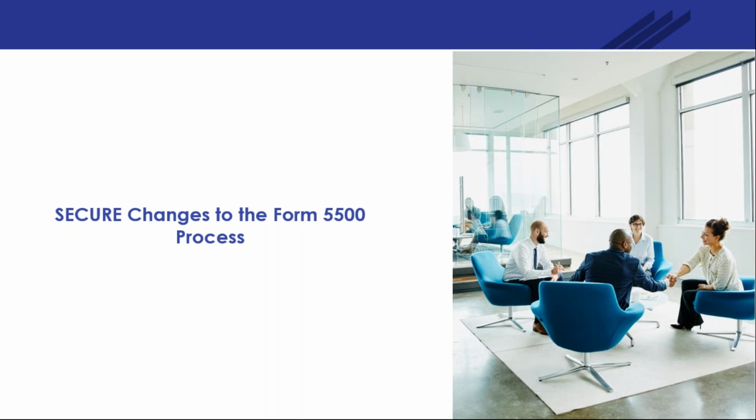So a little bit of background. On February 24th, 2023, the Employee Benefits Security Administration, IRS, Treasury, and PBGC together released final forms revisions and final rules related to the Form 5500. Before this, there was a notice of proposed rulemaking that was published in September 2021.